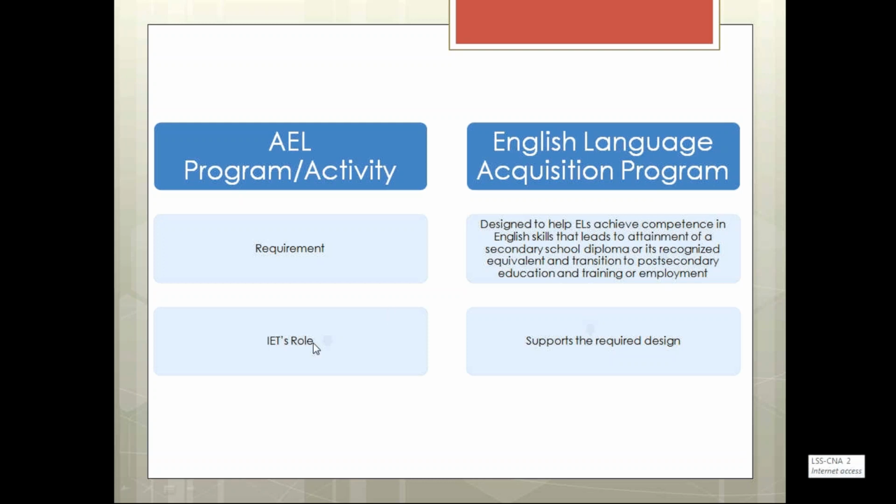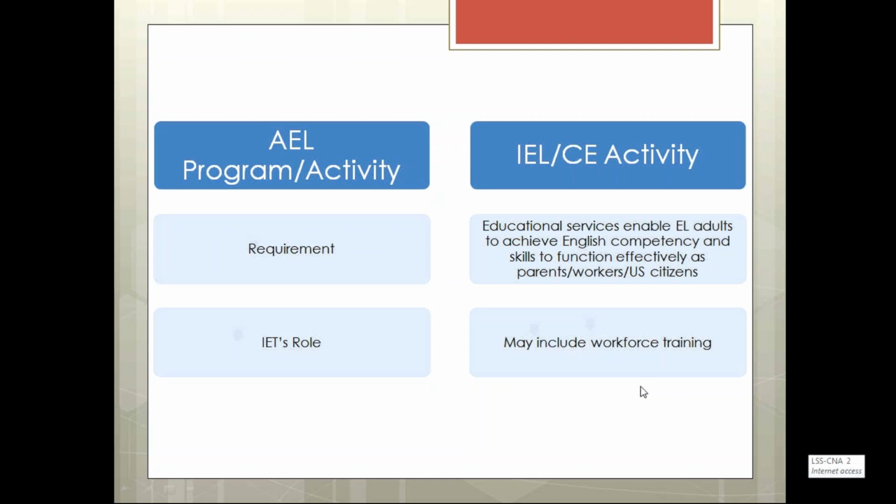So although IET is not required of that program, it supports the required design. It supports the objectives of the ELAP, which is most likely why we do have a table that allows us to report we're doing IET programming, even though maybe we don't have Section 243 funding. We'll have more details about that at a later time.